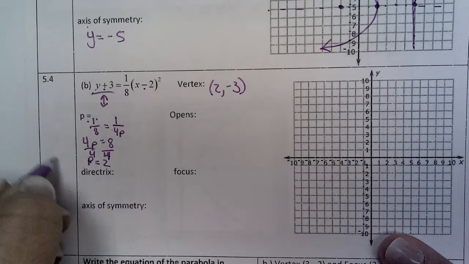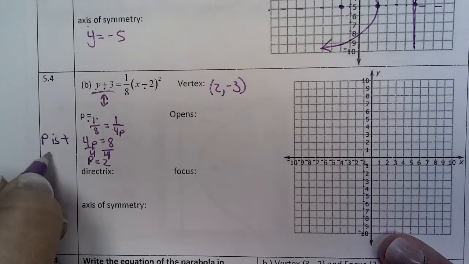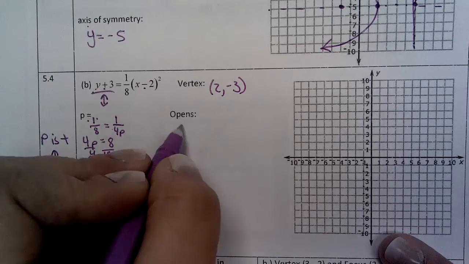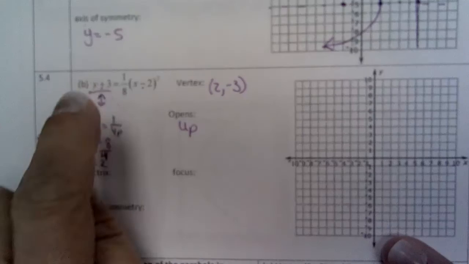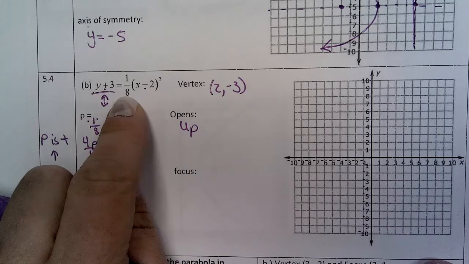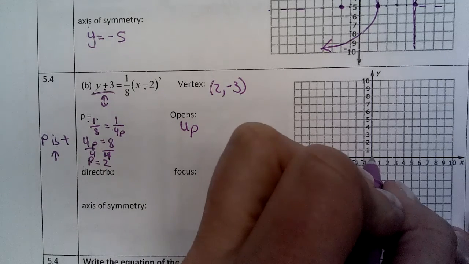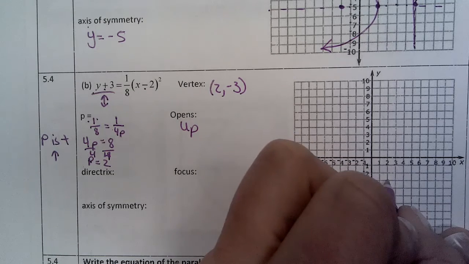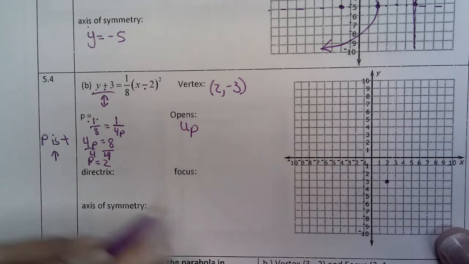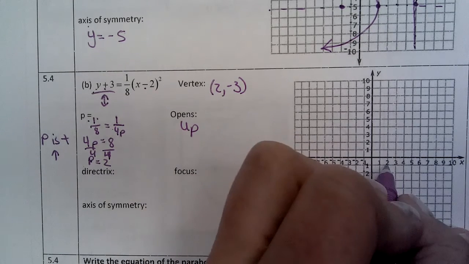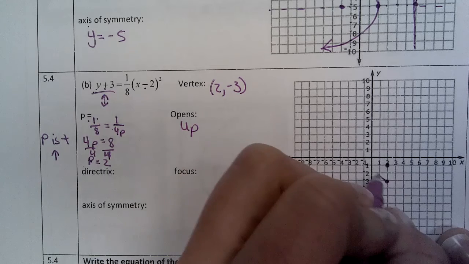Okay, since p is positive, that means it has to open up in this case. And this one right here is more like the ones we're used to seeing. So I'm going to go on ahead and plot (2, -3). We know it opens up with a p of 2, so that's going to be my focus.